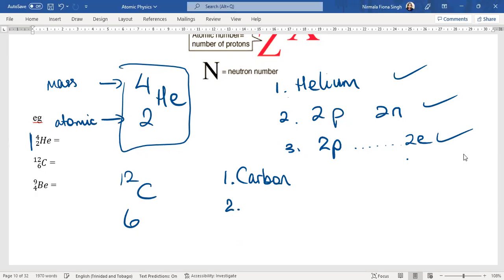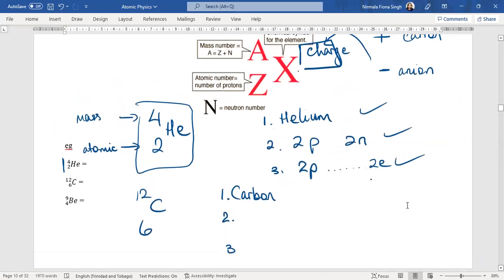How many protons and neutrons does it have? How many protons does it have? Anybody else? Put it in the chat too.